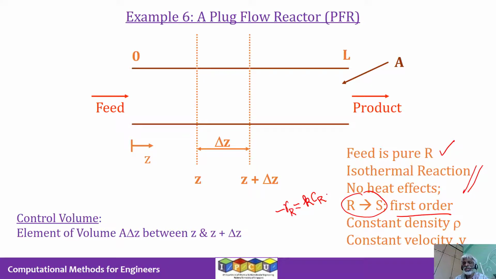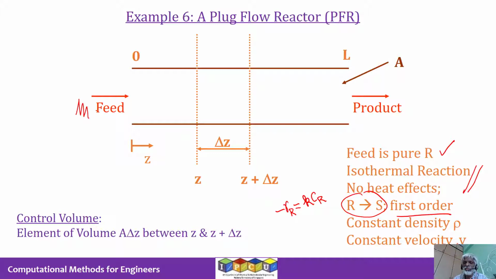Of course, things can still change with time, because if the feed flow rate or the feed concentration fluctuates, then this will travel into the reactor, and at any point in the reactor, things will change with respect to time. So time can still be a factor, but certainly things are going to change with respect to position as well.